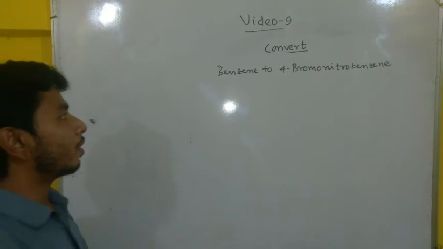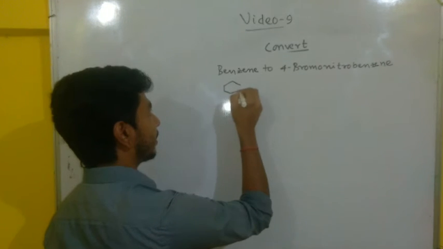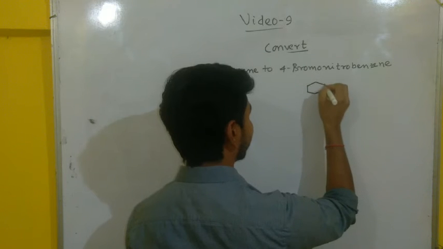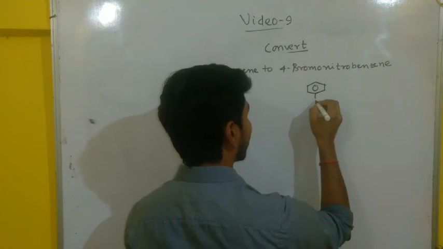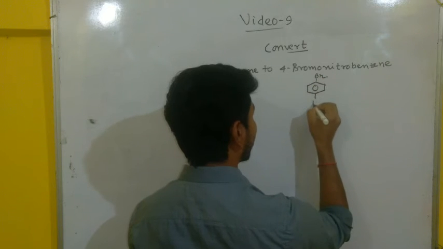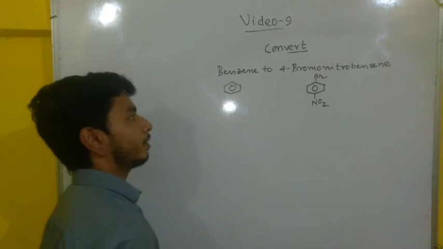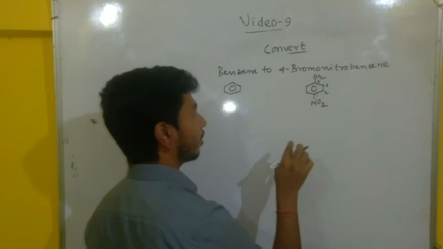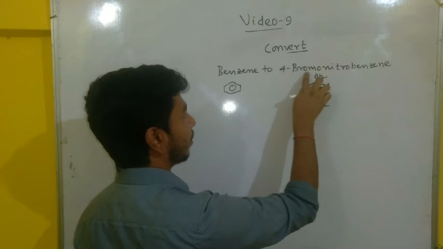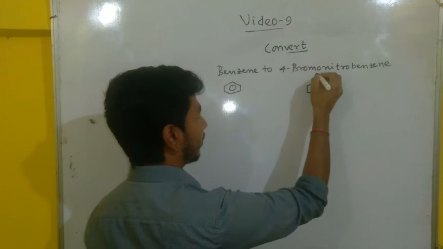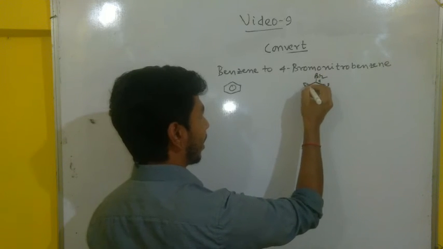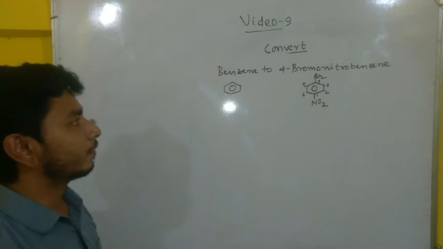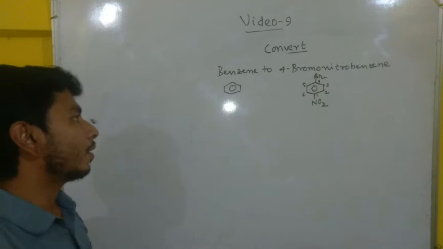So we know the benzene structure. This is 4-bromonitrobenzene: 1, 2, 3, 4, in the 4 position one bromine, so 4-bromo, and benzene with NO2 is called nitrobenzene. So in the nitrobenzene, the 4 position carries one bromine, so it is 4-bromonitrobenzene. How can we convert?